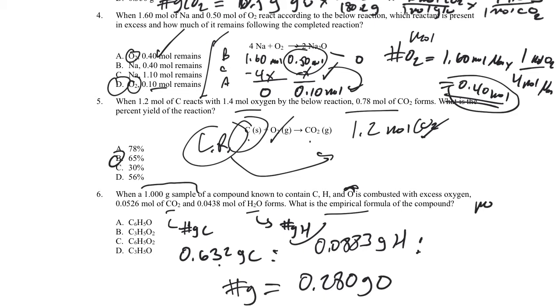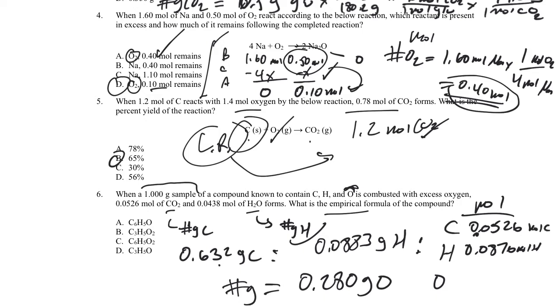And so if I go moles here, carbon to hydrogen to oxygen, 0.632 divided by 12.01 is 0.0526. The moles of hydrogen, 0.0883 divided by 1.008 comes out to 0.0876 moles of hydrogen.